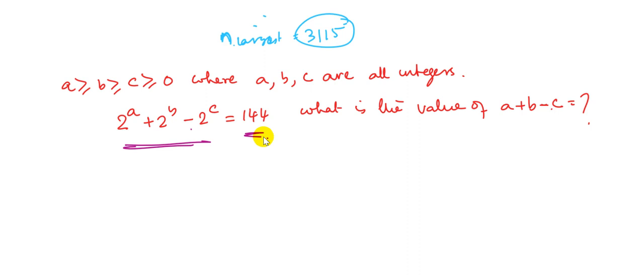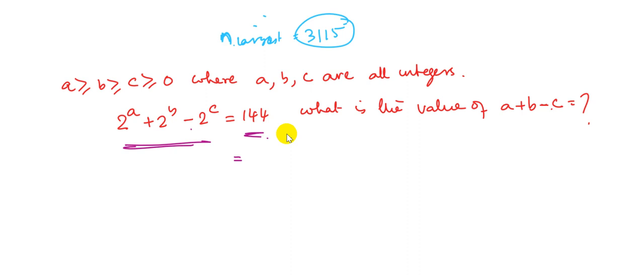Since I can see powers of 2 on my left hand side, obviously this has to be linked to powers of 2 on the right hand side. That's the first thing that should come to my mind.